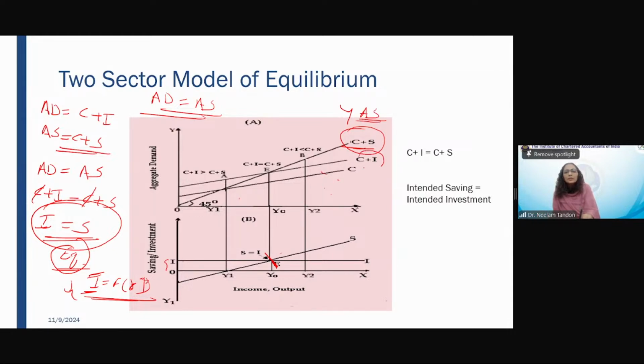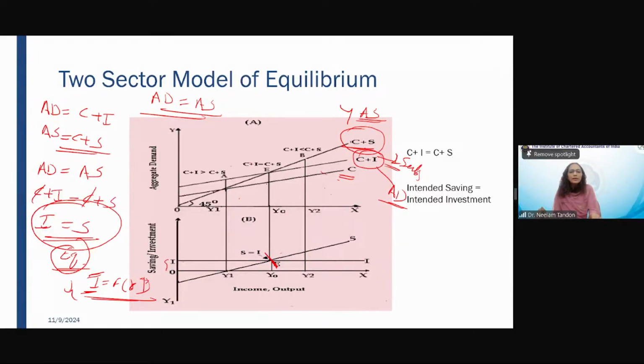And this C plus I is aggregate demand. And this C is only consumption demand. C plus I is the two sector model, where we are talking about consumption and investment, that is, households and corporate. So this is consumption and investment demand, two sector model, and here this is aggregate supply.